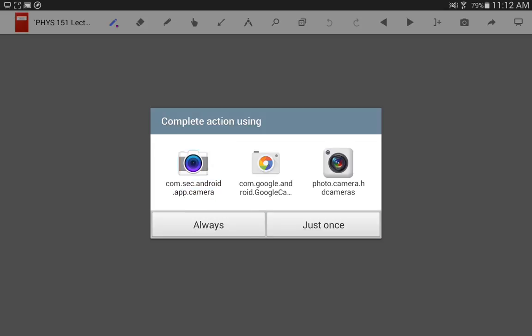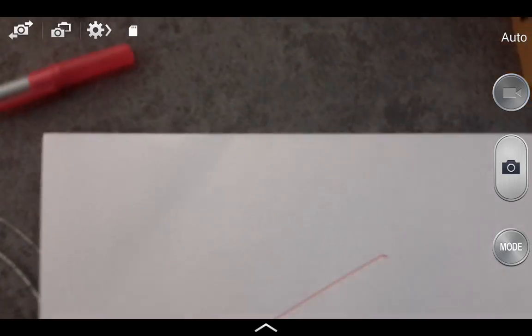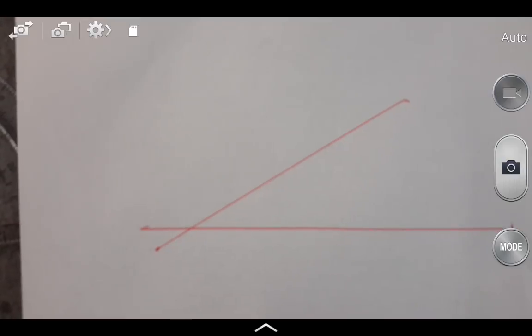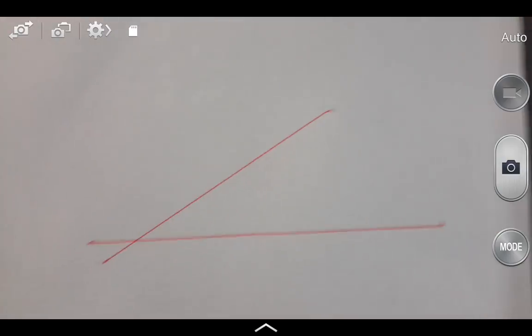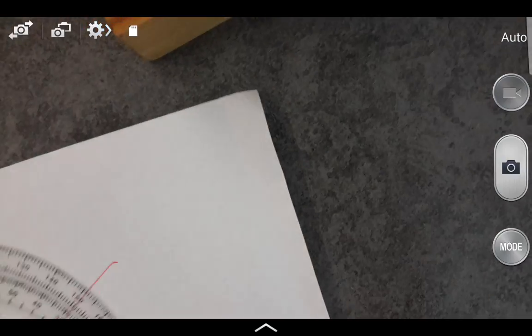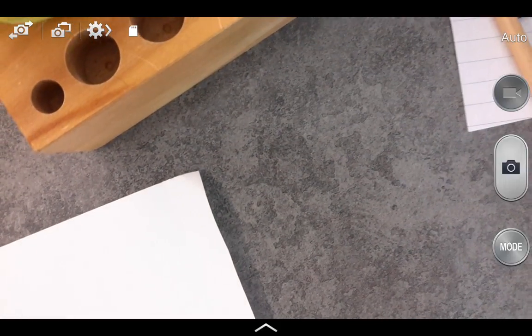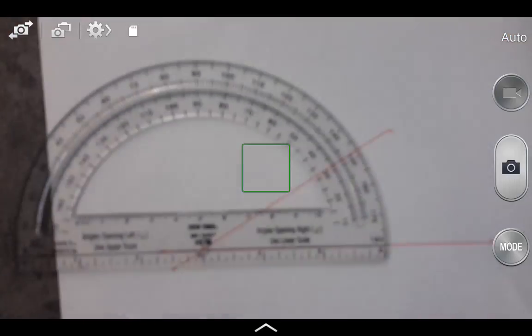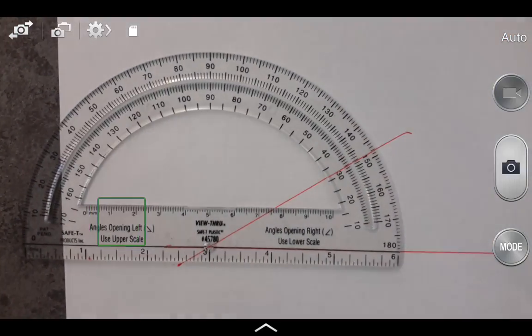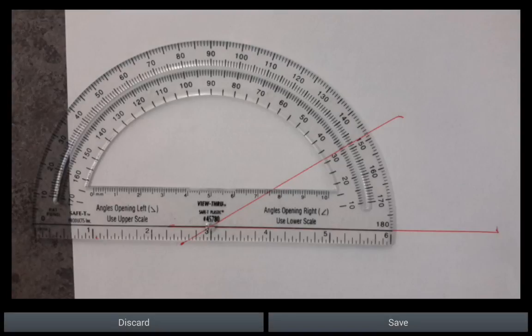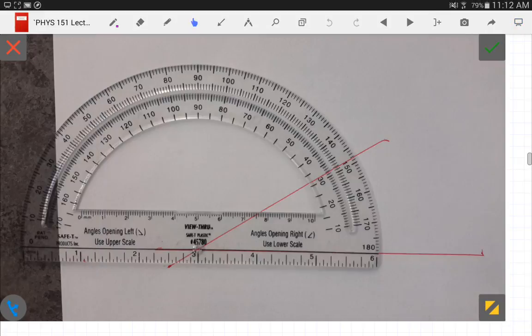It's cool, huh? Actually, I'm going to put this on just to save us time instead of having to do two pictures. Okay, there I have a picture of using my little angle measuring device.